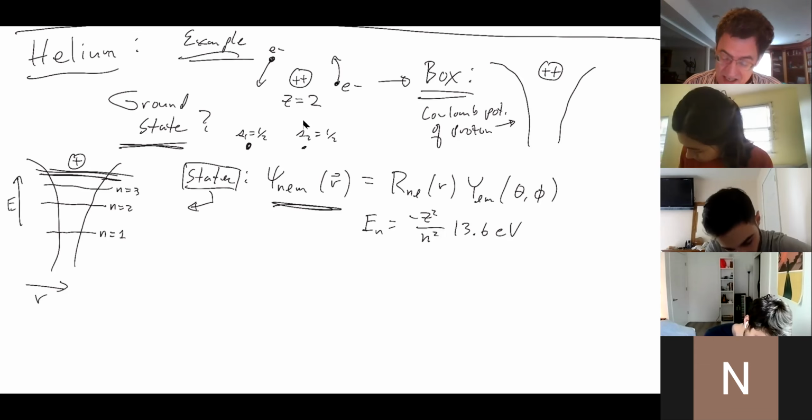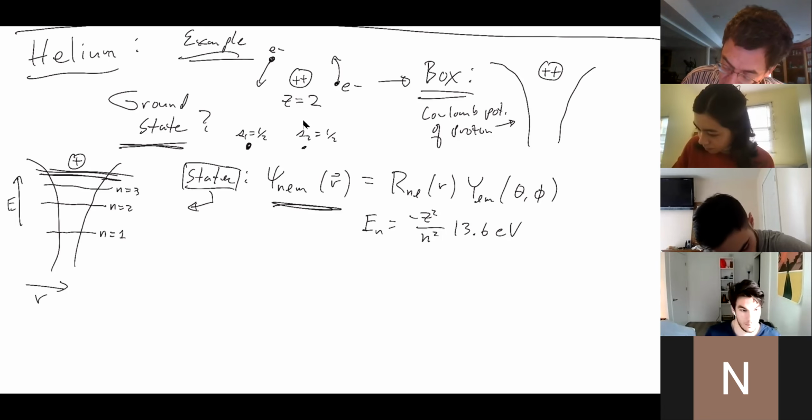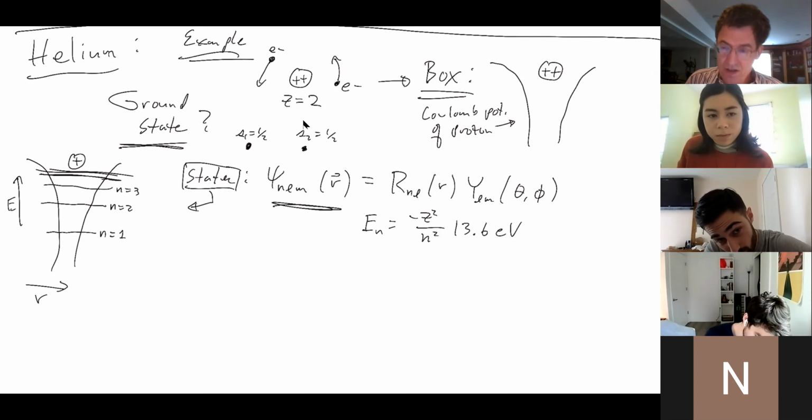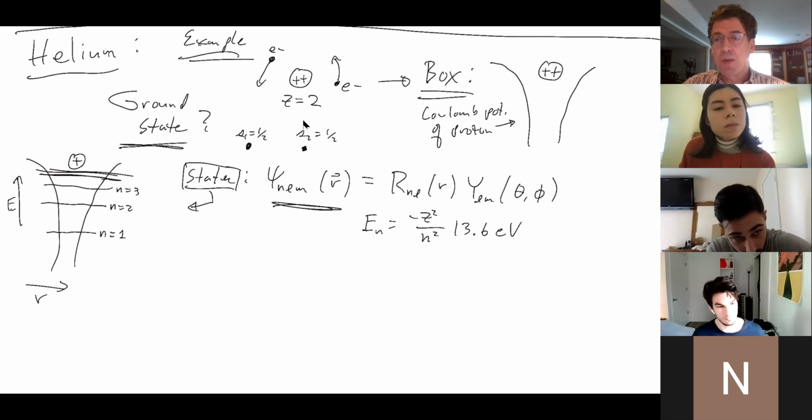So the question I ask now is, in order to write the ground state for the helium atom, we take those 2 electrons, and which state do I have to stick them into? I have to distribute them into this box. Where do I put them? The n equals 1 state?